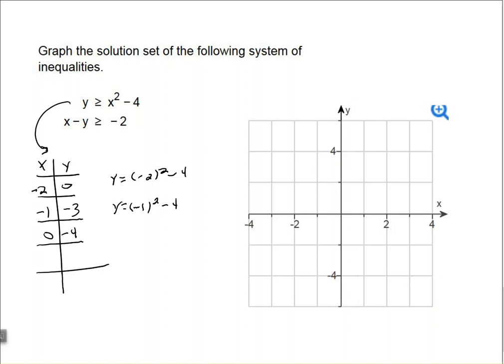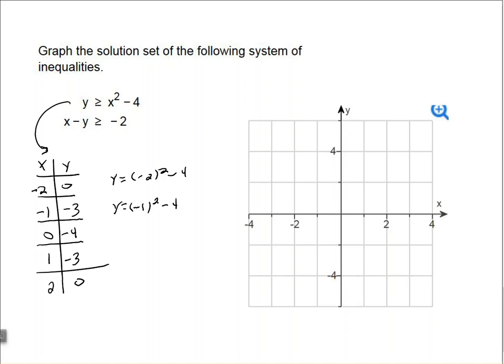Now we know that there is symmetry about the vertex in a quadratic equation, in a parabola. So if I go one place greater than 0, that's going to give me the same y value as one place less than 0. And same thing for two places.